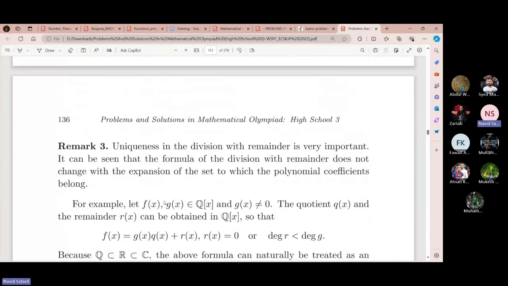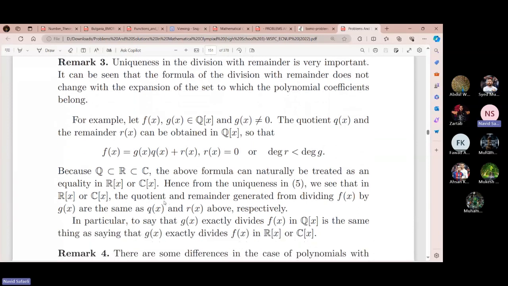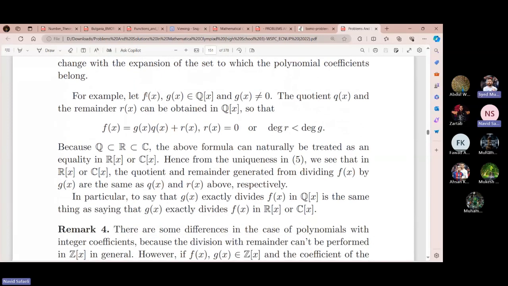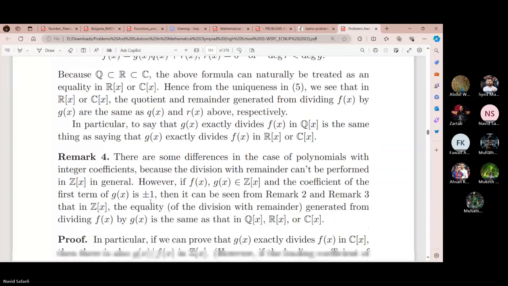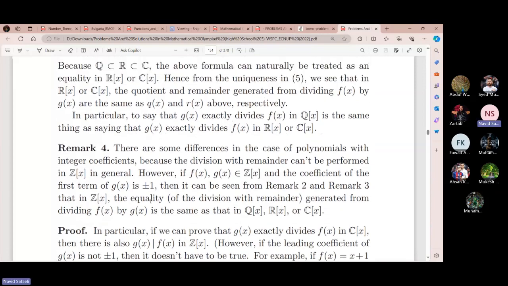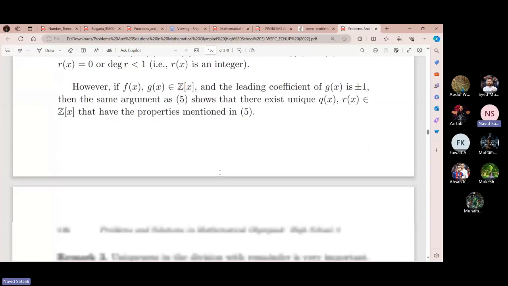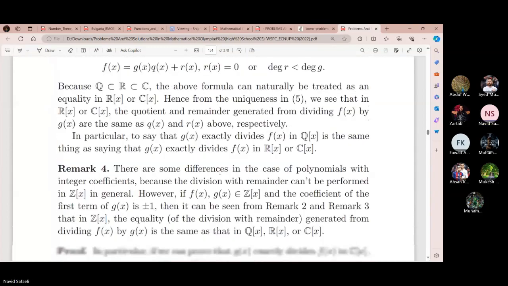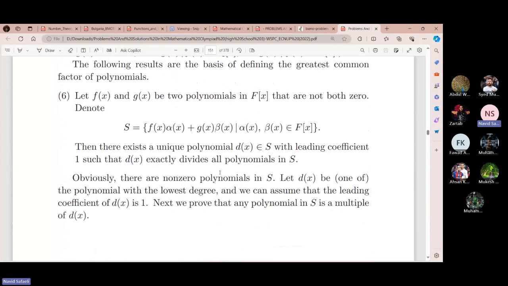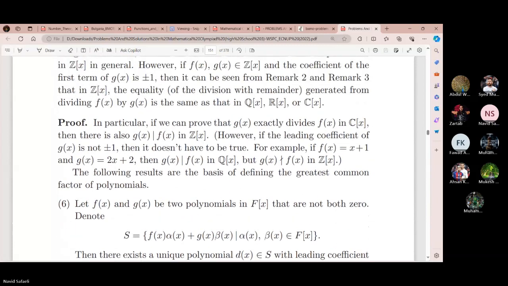This is very important. On the other hand, if we have this, then q and r would also be in Q of x. But if we have f and g in Z of x, but the leading coefficient of g is not plus or minus 1, then q and r would have rational coefficients. Okay?